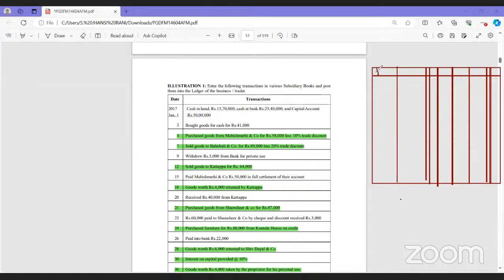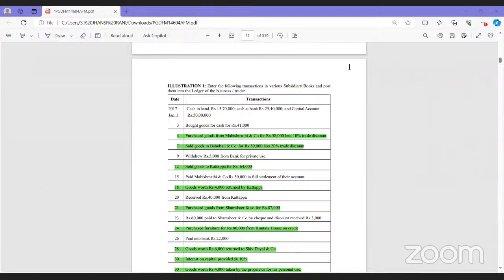So the heading would be date, the next column would be particulars, next cash column, bank column and discount column.